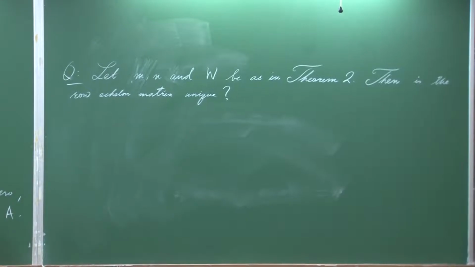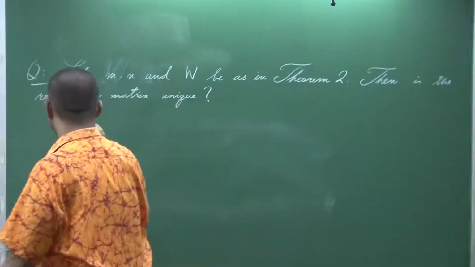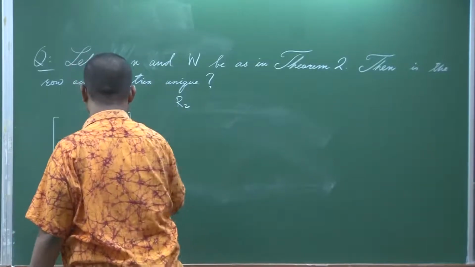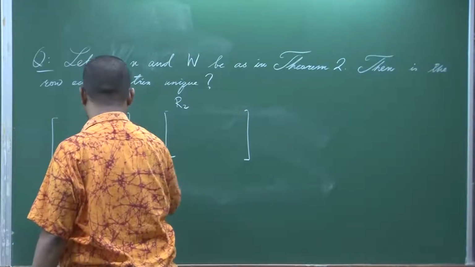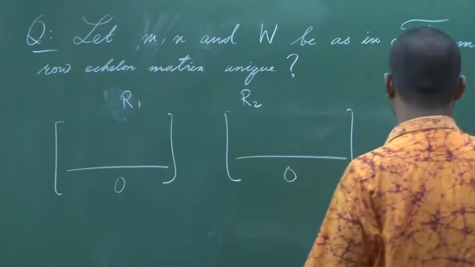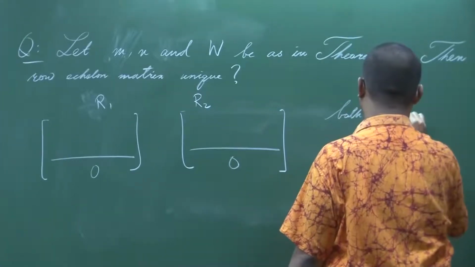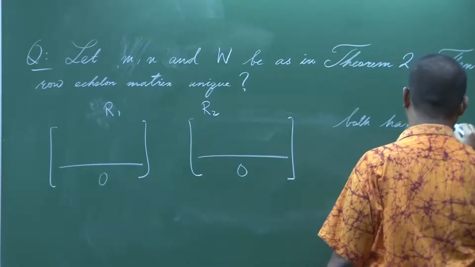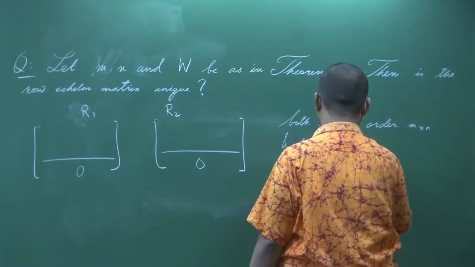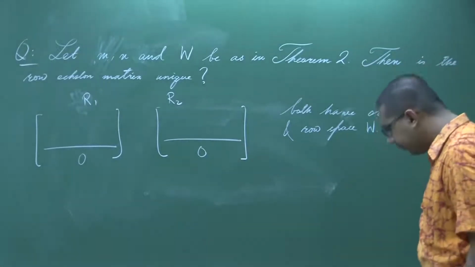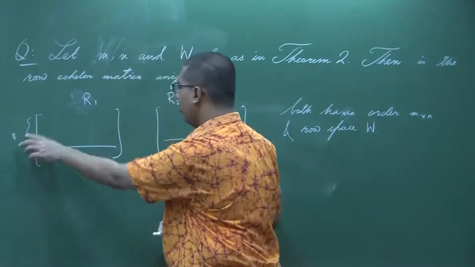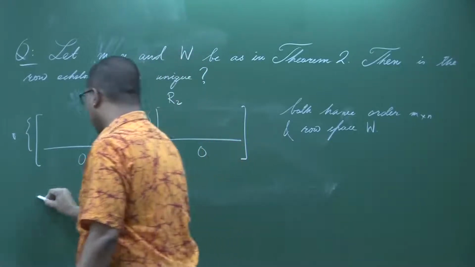Suppose we have two row echelon matrices, let us say R 1 and R 2, both of them row echelon matrices, such that both have row space W. One thing is clear: if the number of non-zero rows in R1 is r and in R2 is r prime, then r must be equal to r prime.